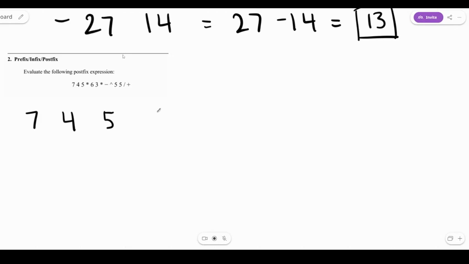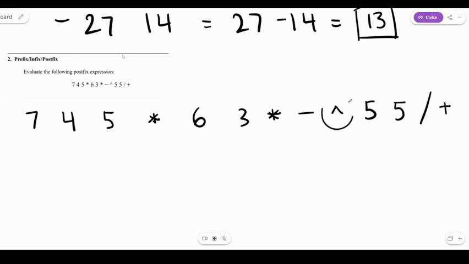And we can tell that it's postfix because the operands are after the numbers. Oh, and this is exponentiation. I thought they used this, but I guess not. So just remember that this means that you're taking the exponent of something.